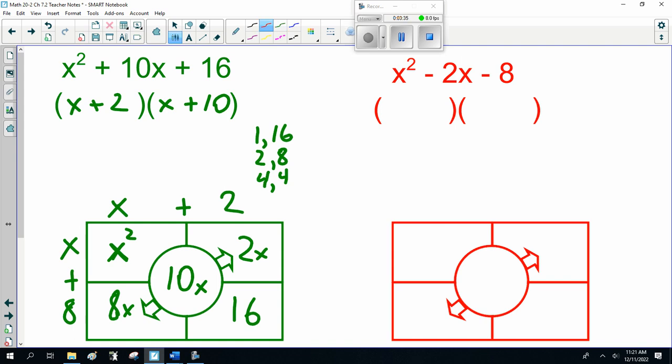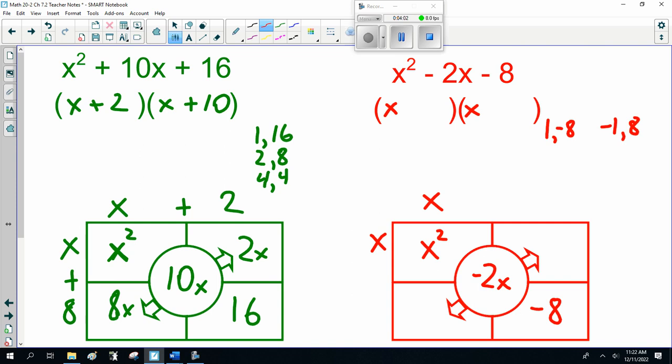X squared minus 2x minus 8. Now, this has to be x times x. Now, the problem is, two numbers to add together to be minus 2 and multiply to be minus 8. Not plus 8, minus 8. So what are the factors of minus 8? 1 and minus 8, or minus 1 and 8.